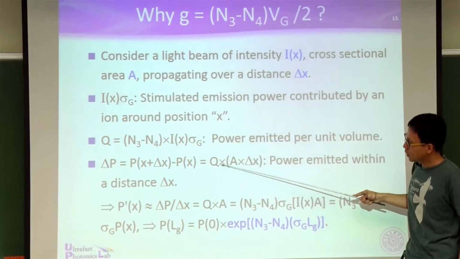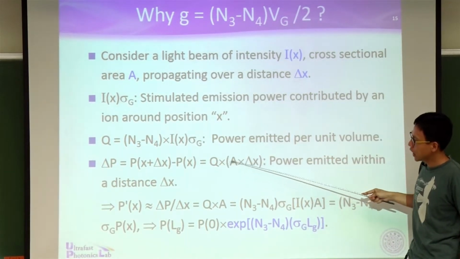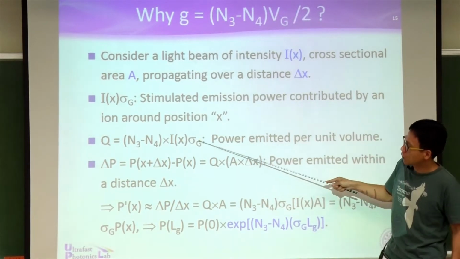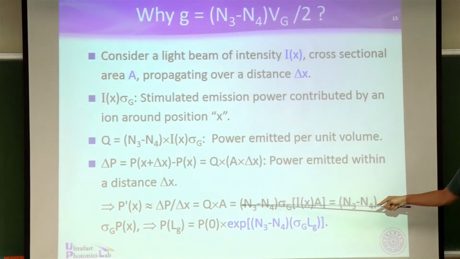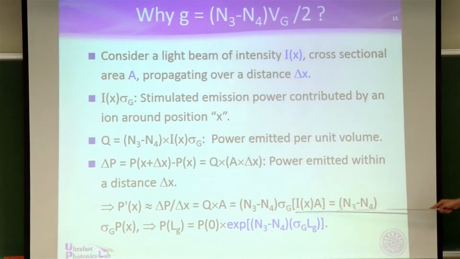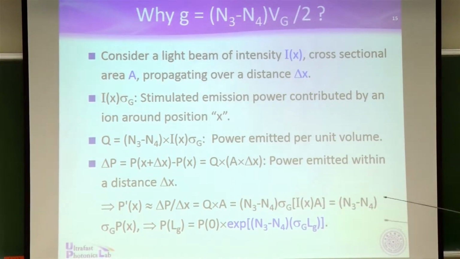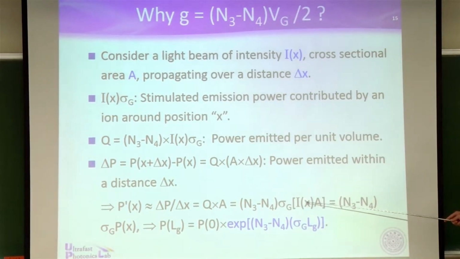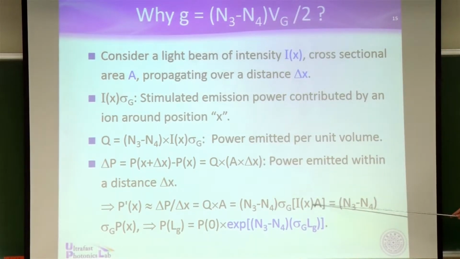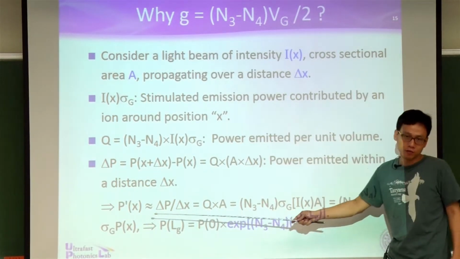So on the right-hand side, you simply get Q times A. But Q is already here. You write down Q, regroup them, and you get this one. And I times A: I is the power per unit area times the beam cross-sectional area, so the product I times A is power itself.